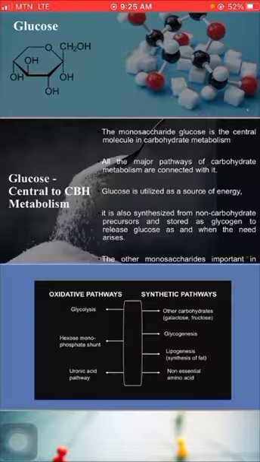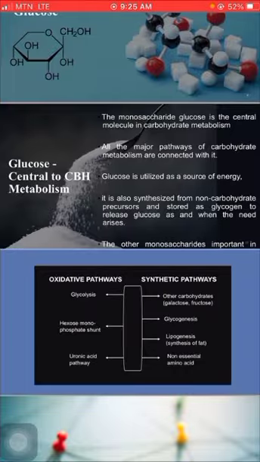If I say glucose is the central molecule when it comes to carbohydrate metabolism, I mean that when you are breaking down glucose, the intermediates that you get can be used in other carbohydrate pathways. So most of the carbohydrate metabolic pathways are connected to what? Glucose. Hope you understand. And that makes glucose the central molecule in carbohydrate metabolism.